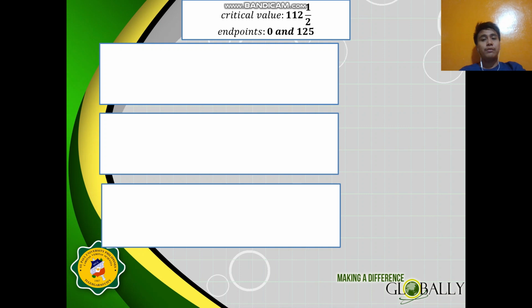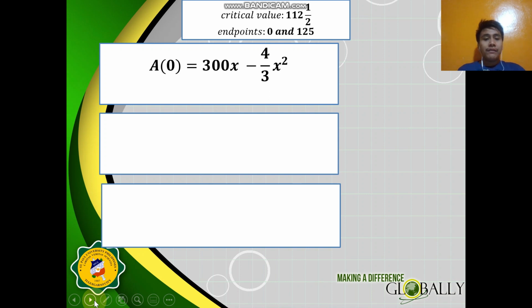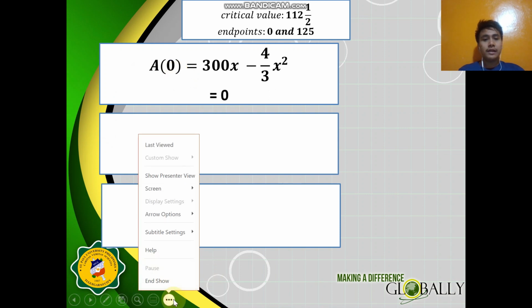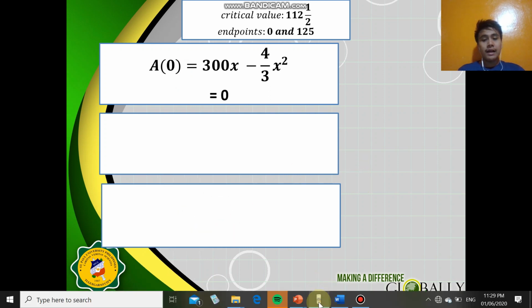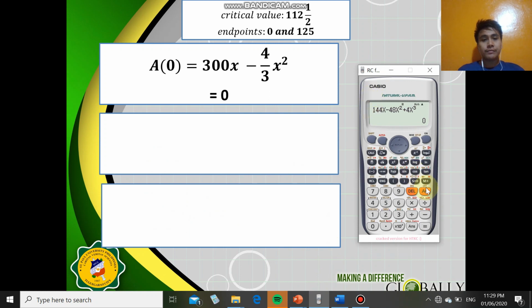To find this, we are going to use our original equation, which is 300x minus 4/3 x squared. So if our x is equal to 0, this will give us also 0. So let's try to check this using our calculator.